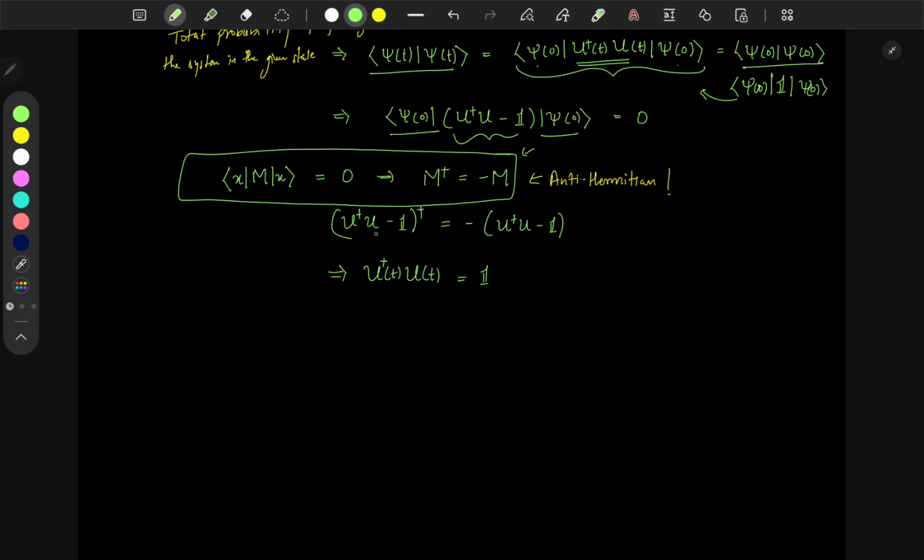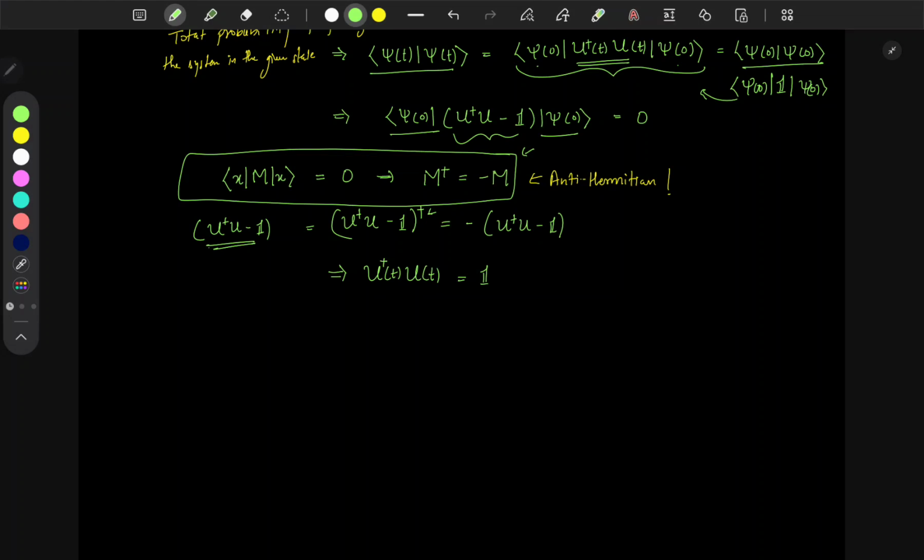Also, generally a matrix m can be anti-Hermitian, but for this given matrix u dagger u minus 1, you can check simply using the properties of the dagger that when you take the dagger, it is the same as this thing.